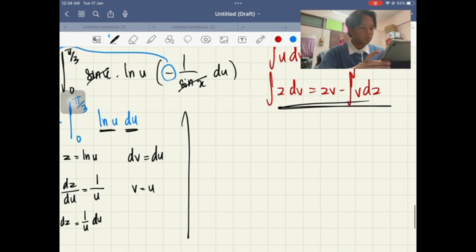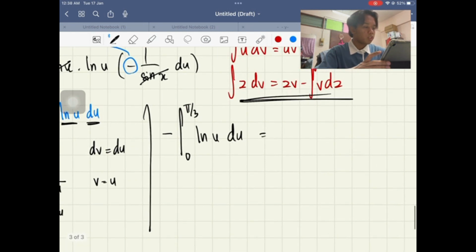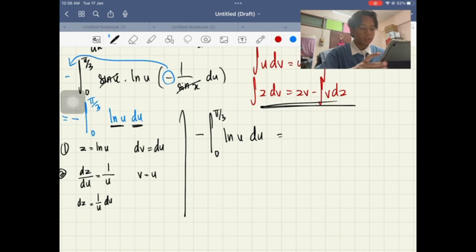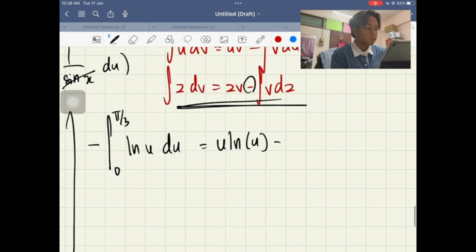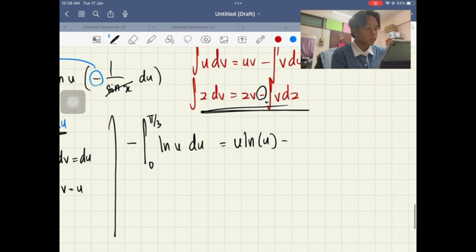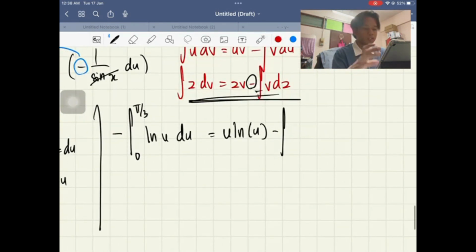Negative integrate from 0 to pi over 3 ln u du equals z times v. v is u and z is ln u, minus, this one minus, integrate v and dz.